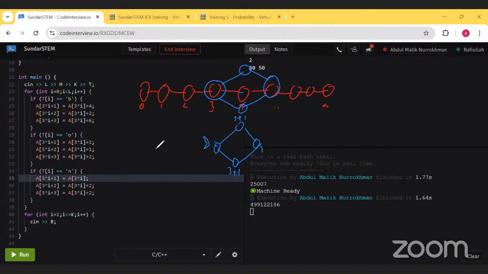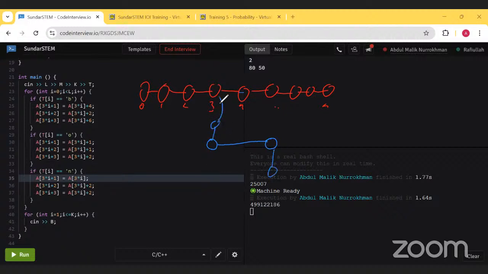So if it is P, or let's say this is N, the graph will be like this. This will be also 3, this is also 3, so just the same. And then this is plus 2.